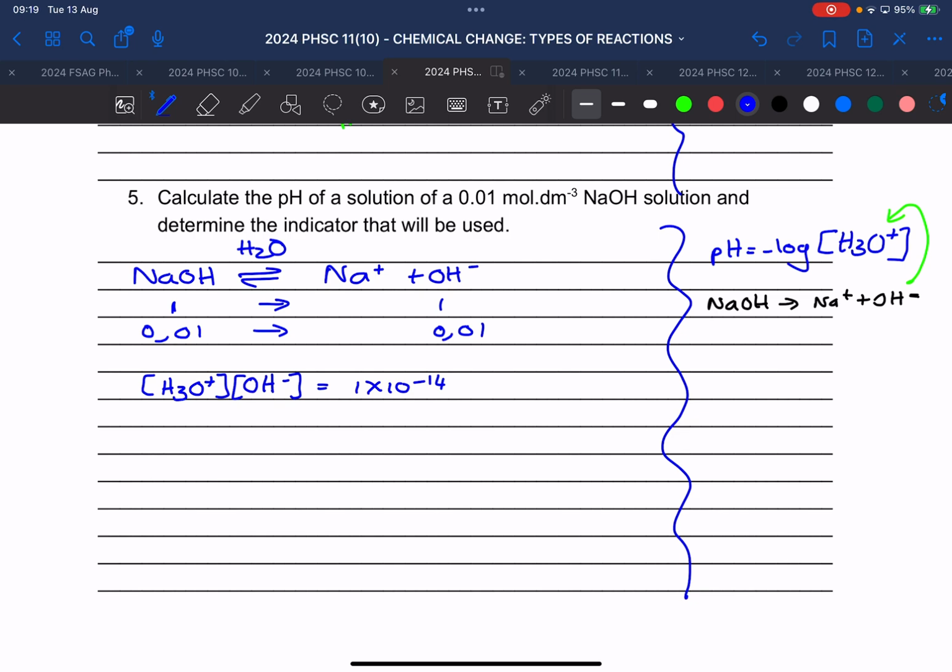Okay, so let's check. This is a constant. This concentration we have there. And then I can get this concentration. Okay, so I want the hydronium ion's concentration. Hydroxide is 0.01. Remember that square brackets changed to round brackets. Shoni, to calculate that, what must you do with this?